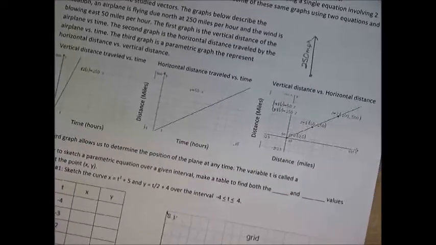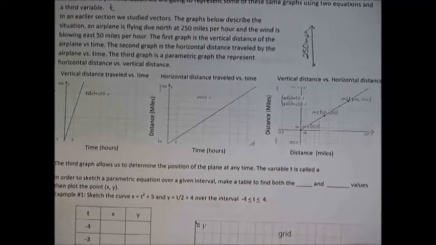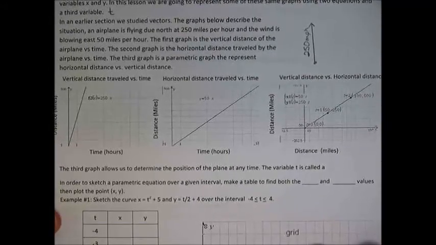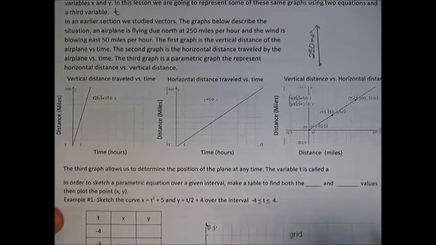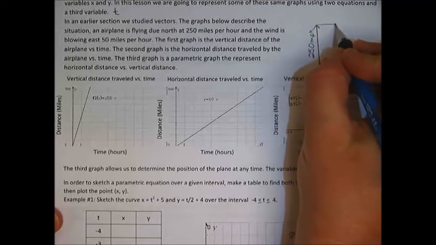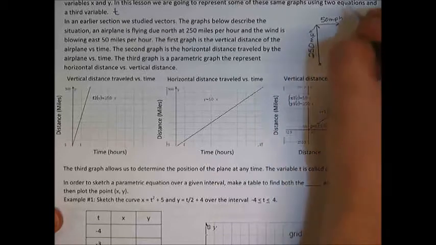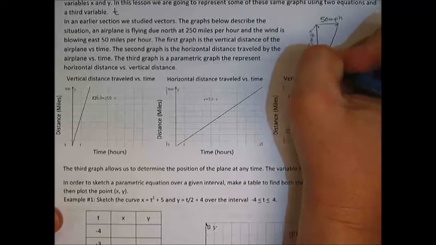It also says that the wind is blowing east at 50 miles per hour. So I'd set up the vector for the wind starting at the tip of the other vector, 50 miles per hour. And then here is my resultant vector.